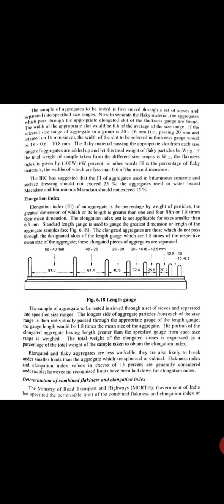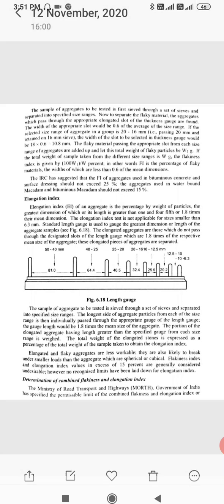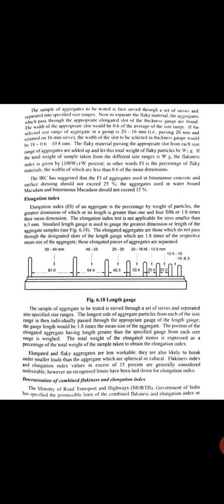The total weight of elongated stone is expressed as the percentage of the total weight of the sample taken, which gives the elongation index. Elongated and flaky aggregates are less workable and they are also likely to break usually under smaller loads than aggregates which are spherical or cubical. Flakiness index and elongation index values in excess of 15% are generally considered undesirable. However, no recognized limits have been laid down for the elongation index.